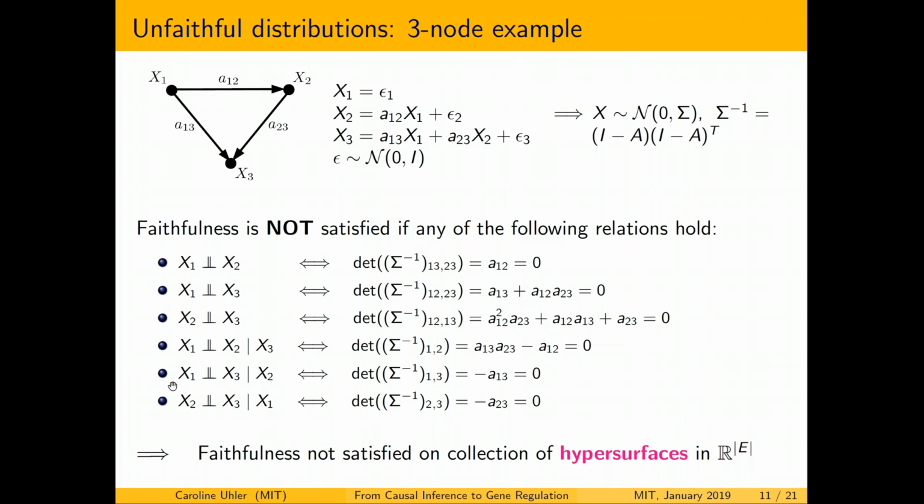Namely, all of these independence statements, I can actually write them out as functions of my covariance matrix. I don't really want to go through this, but in the Gaussian setting, any conditional independence relation corresponds to a polynomial equation in the entries of the covariance matrix, or its inverse, doesn't really matter. So for every conditional independence relation, I get a polynomial equation in my variables, which are just these causal effects.